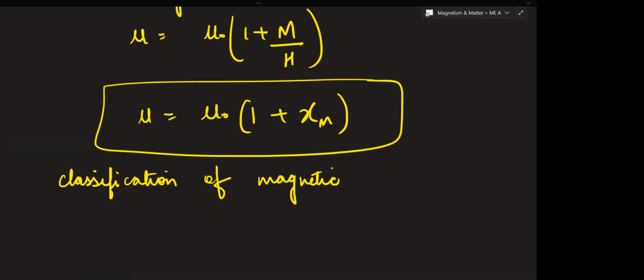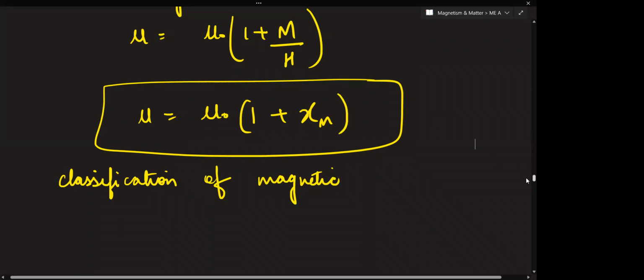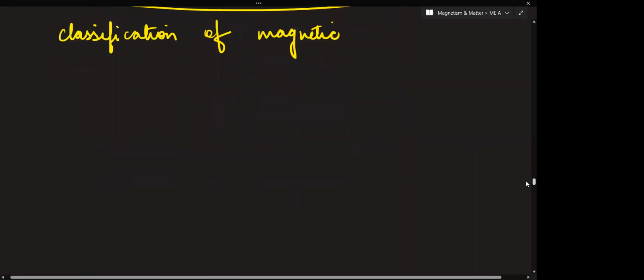So now the last portion of this lesson is classification of magnetic materials. Either a very short note for 2 marks can come to write on any of the materials, like write a very short note on ferromagnetic materials.